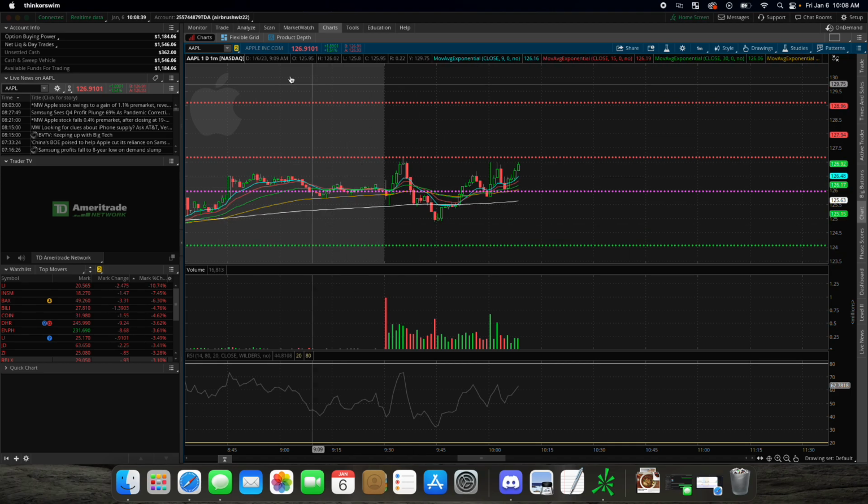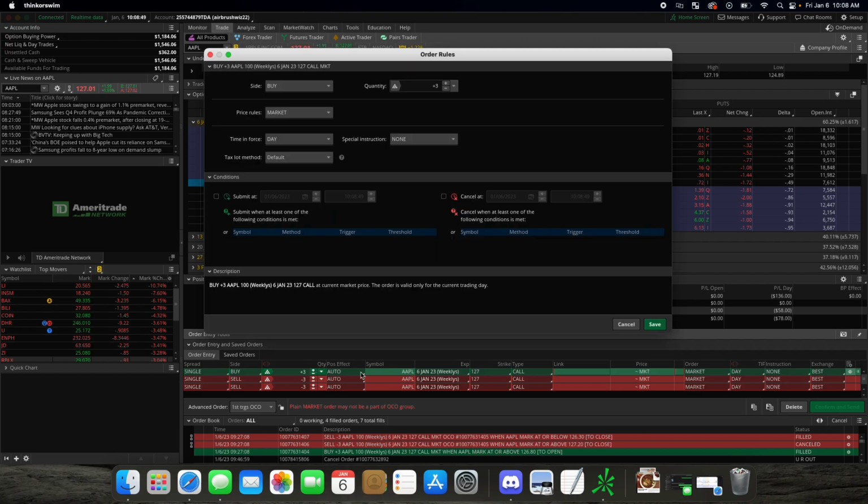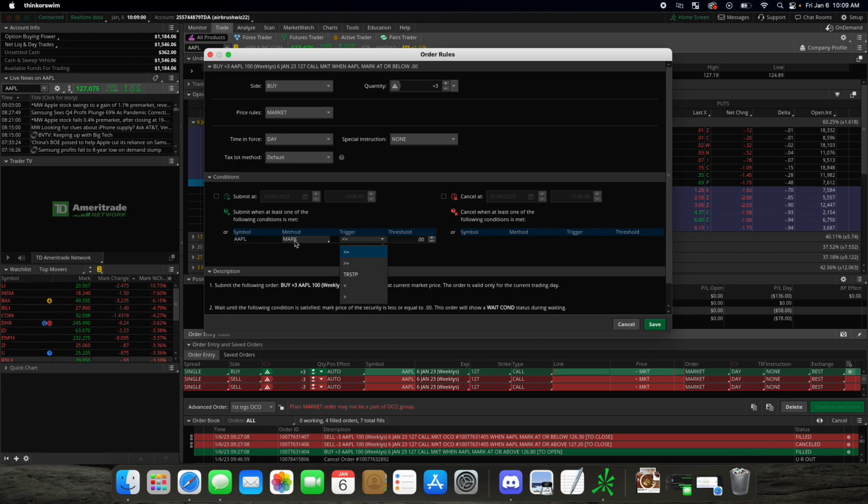Okay, so when we go over here to our template, we're going to go ahead and see this little gear icon. We're going to click that in our green purchase. All the stuff at the top is going to stay the same. And over here, if you just click on the symbol, it automatically fills in Apple. And honestly, if you just click over here to the trigger, it fills in the method.